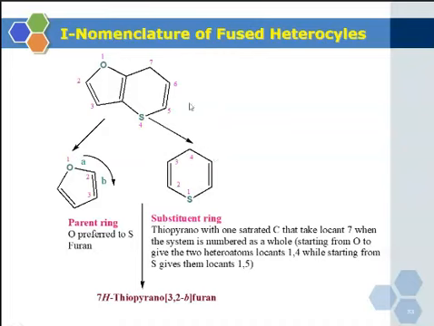Now when we do the numbering, it is numbered like 1, 2, 3, 4, 5, 6. The site of fusion, along which side it is fused, is along 2, 3 or 3, 2. Here we can see this thiopyrano ring.